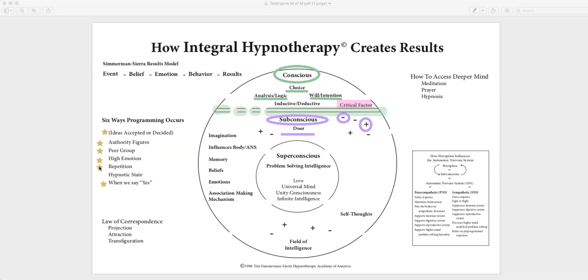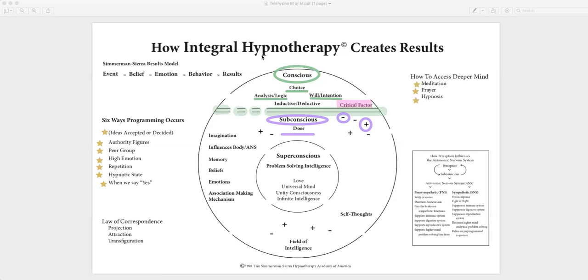Repetition is also a programming. Let's think about sports or learning a particular type of musical instrument. And when we're in the hypnotic state, a hypnotic state is up here, if you look on the top right, is how we access the deeper mind by meditation, prayer, and hypnosis.